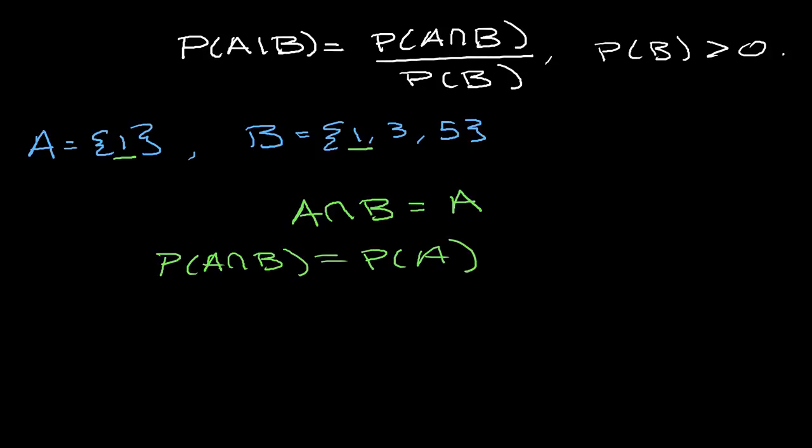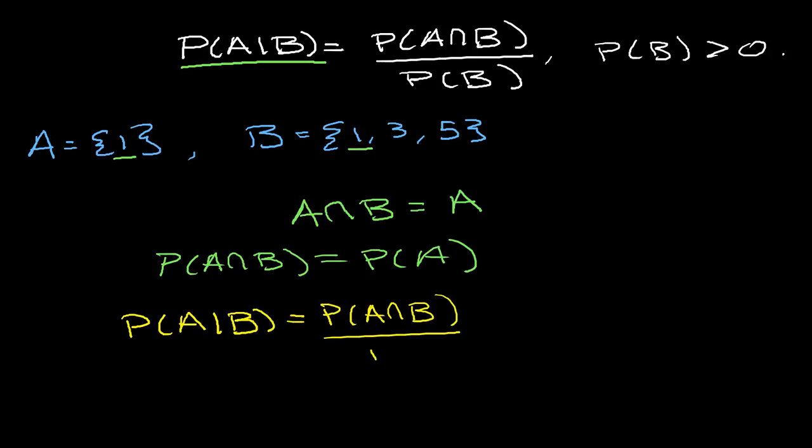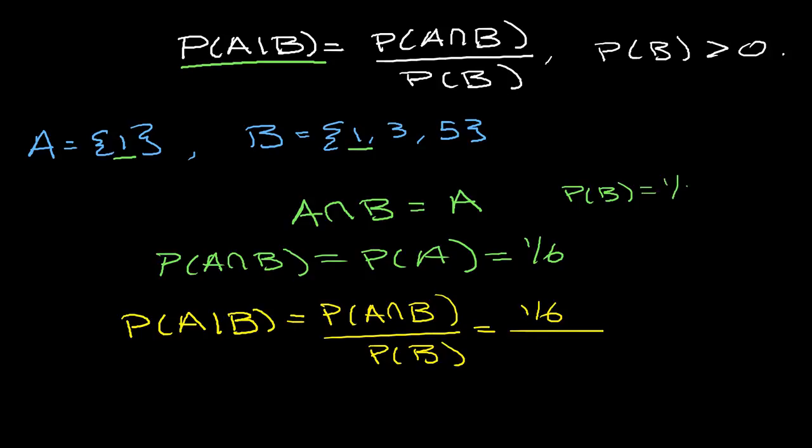And now we have everything that we need to compute the conditional probability. So let's do it. The probability of observing a 1 given that an odd number has occurred is just the probability of the intersection over the probability of the given event. This is just the definition. But now we substitute the probability of the intersection with just the probability of A. The probability of A was just 1/6. And the probability of B is just 1/2, right?